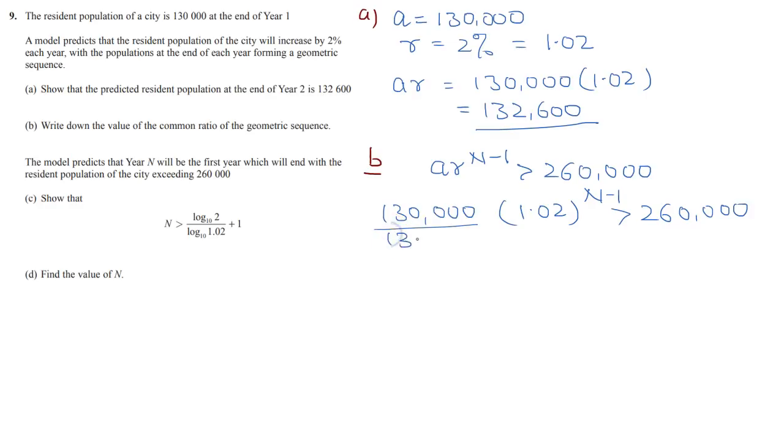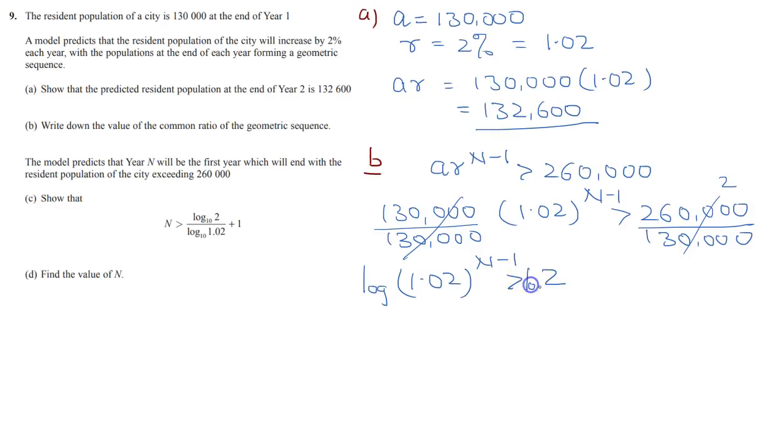Divide both sides by 130,000. This is cancelled by 2. So 1.02 to the power N minus 1 is greater than 2. Take log of both sides.